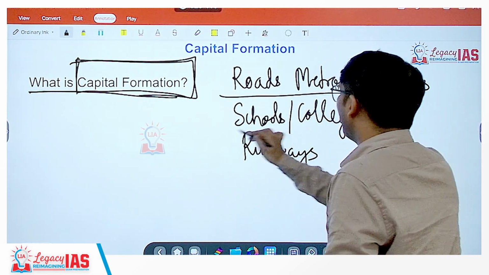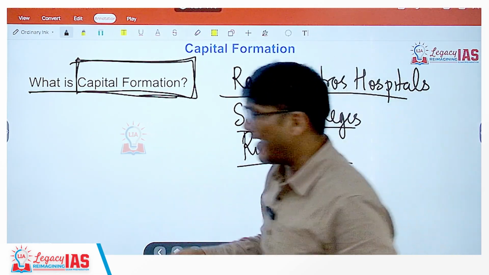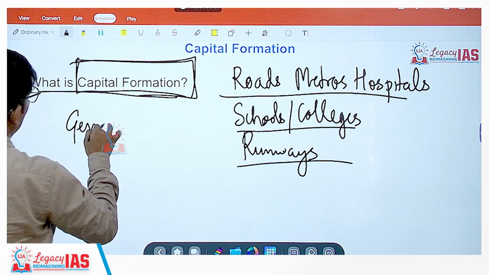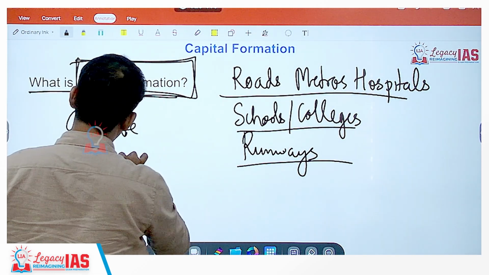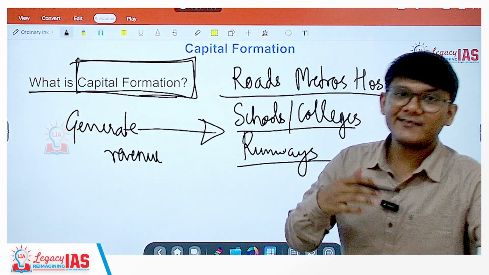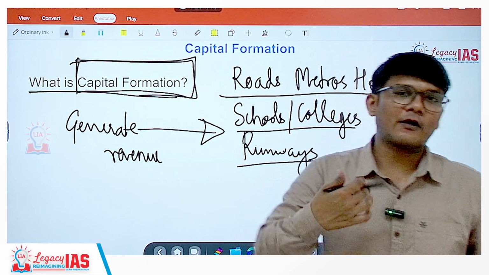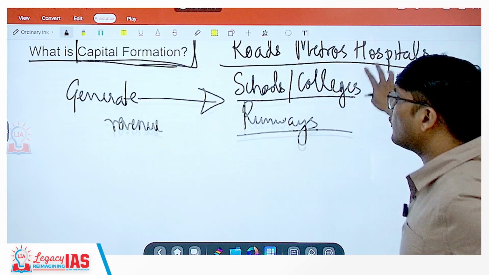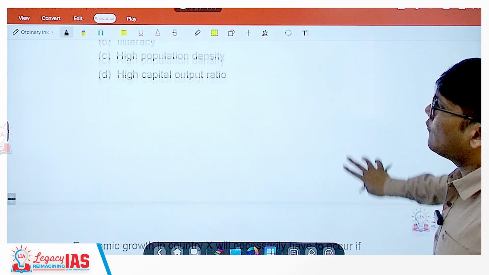Now these things, please remember, generate revenue and hence keep moving the economy forward. That's the importance of capital formation.